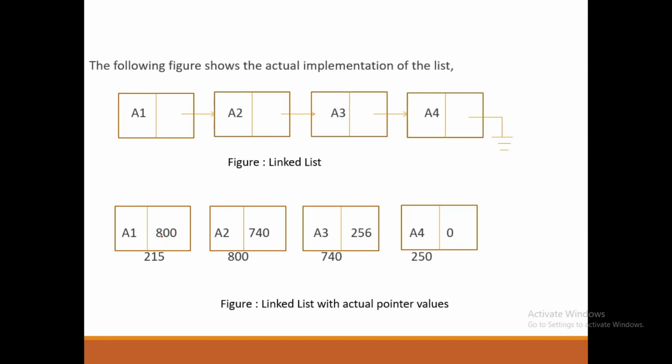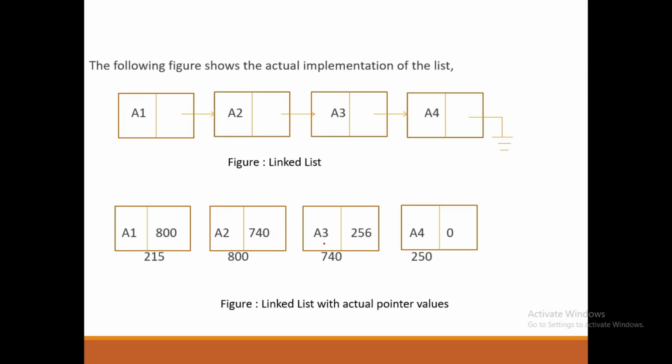Which means in the location 800, the next element has been stored. So it will go for referring the memory location 800. In the memory location 800, we are having a node. In the data part we are having the element A2, and in its next part we are having the address 740. So next we have to refer the address 740.